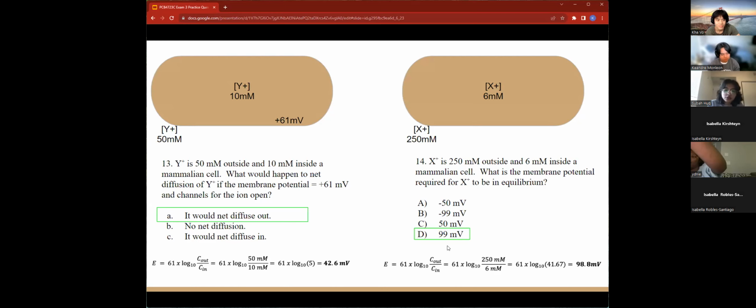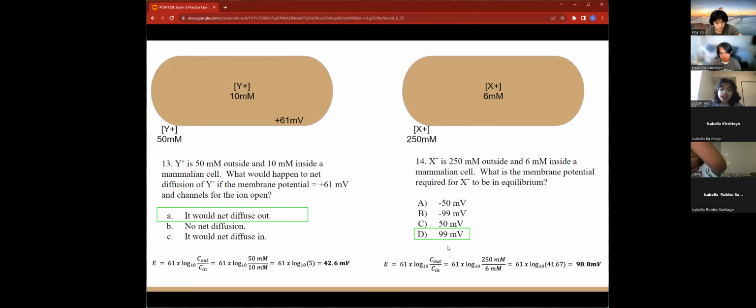Whenever something isn't in equilibrium, it's always trying to move towards equilibrium. Since the membrane potential is at 61 millivolts, Y would want it to be at 42.6 millivolts. So for that to happen, the membrane potential needs to drop to 42.6 millivolts.